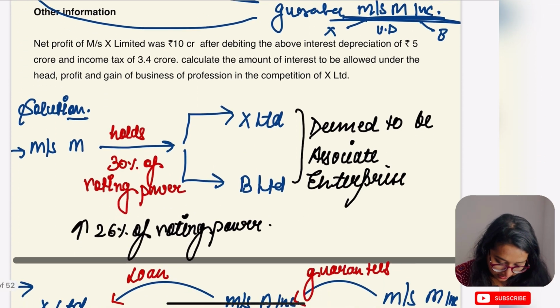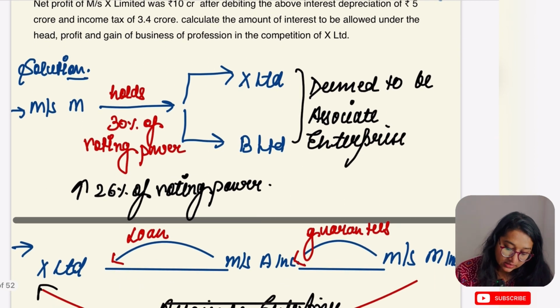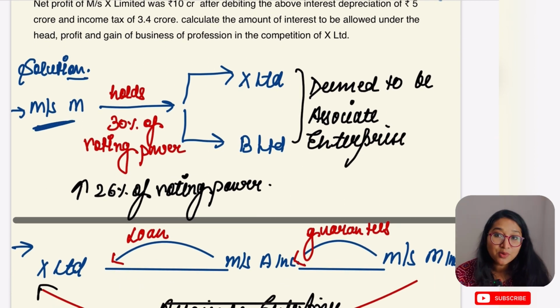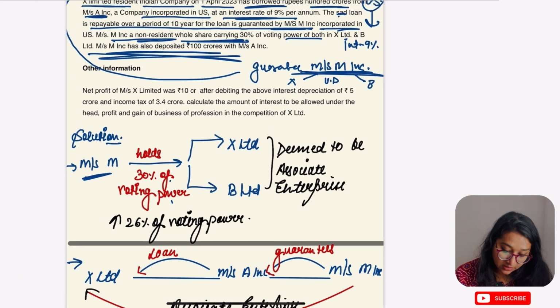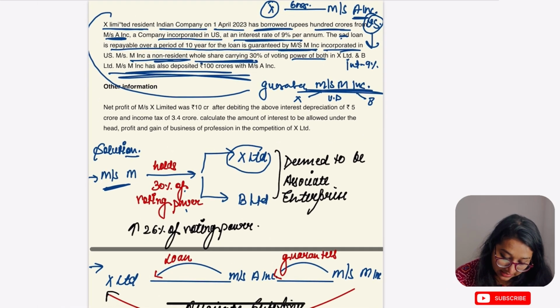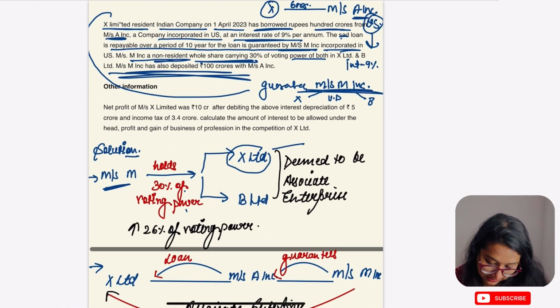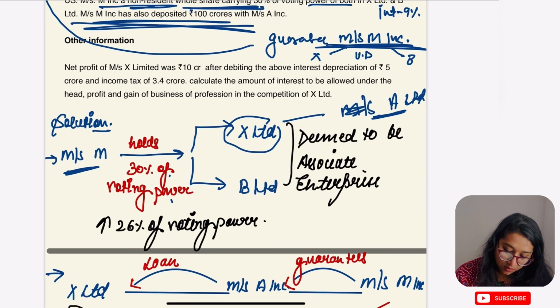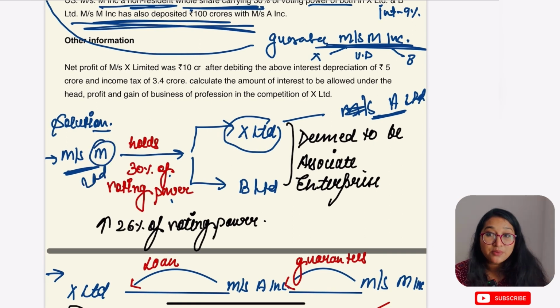Let me rewind: M holds 30% of voting power. We were talking about X, who has taken a loan from MSA, let's say A Limited. Don't be confused. So M Limited is holding 30% of voting power.